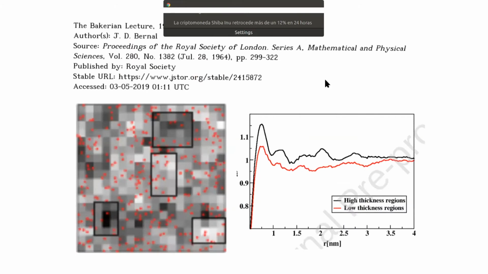Here, I would like to stress something which has been very interesting: the Bakerian lecture in the Royal Society in '62 or something like that, by Bernal, where he stressed what a structure in a liquid is. And in biology, we have a liquid phase.